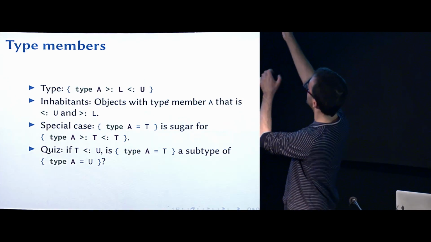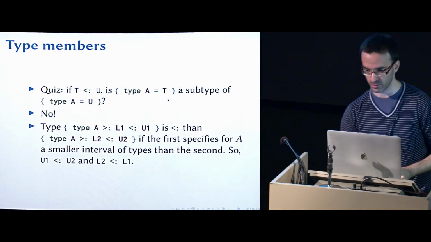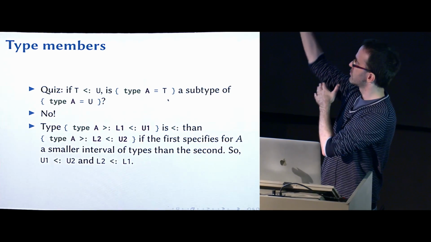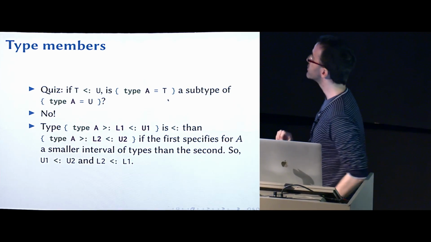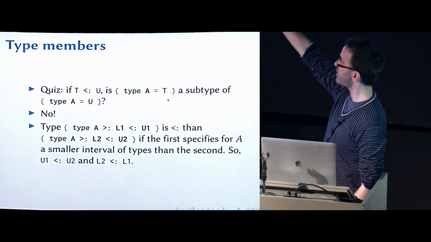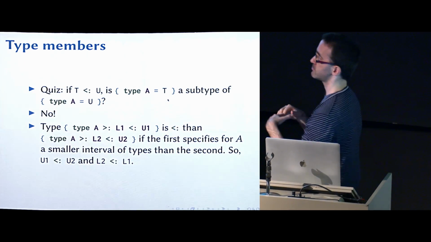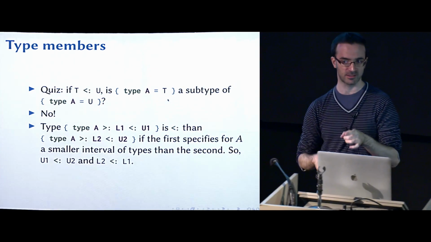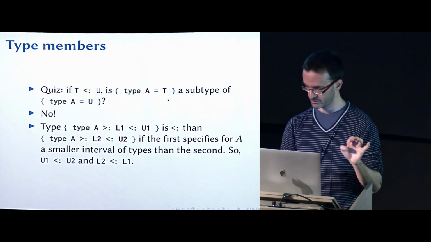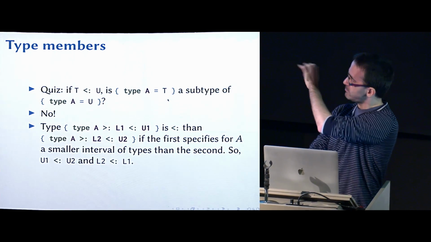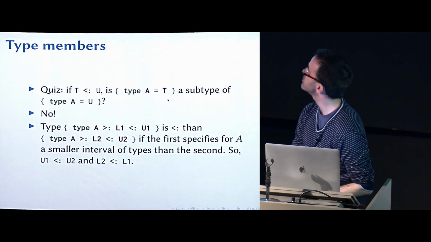Because to have a subtyping relation between two such abstract types, the subtype must specify a narrower range. So I think this is at some point something that Scala 2 gets wrong, but I don't have an example here. Anyway, here we model this correctly.